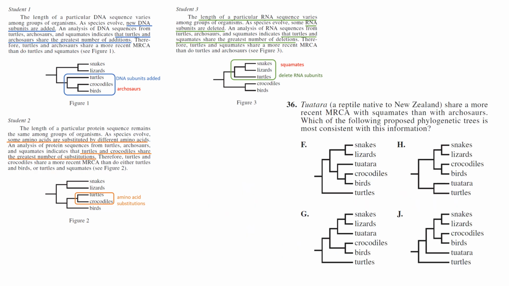Number 36, Tuatara, a reptile native to New Zealand. So this is new information. Italicized words in a question are new information, not shared in the passage. So they share a more recent common ancestor with squamates than archosaurs. So squamates are snakes and lizards. Which of the following proposed phylogenetic trees is most consistent with this information? Let's just break it down, answer choice by answer choice.